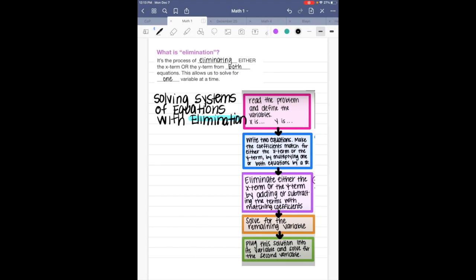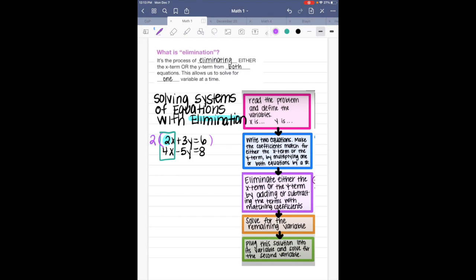Make the coefficients match, so the numbers in front of the variables. So if I have 2x plus 3y equals 6, and I have 4x minus 5y equals 8, I'm going to be looking at these two coefficients because I can easily turn this 2 into a 4 by multiplying the whole thing by 2.